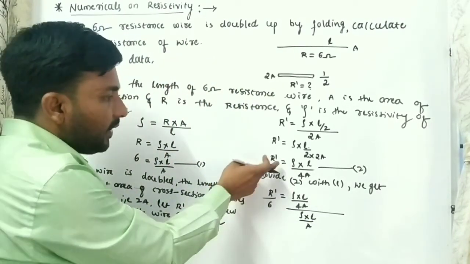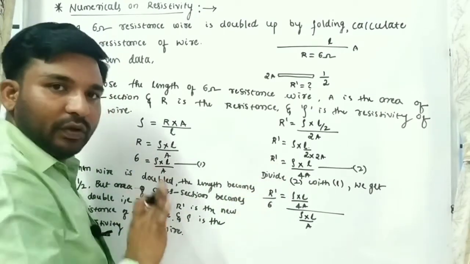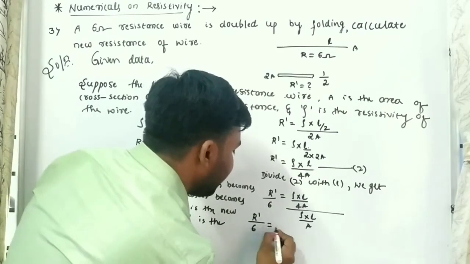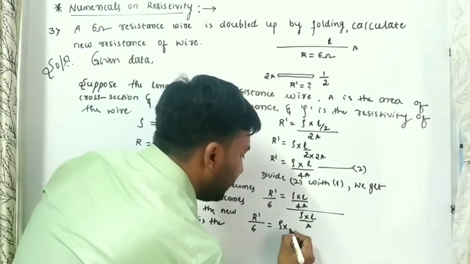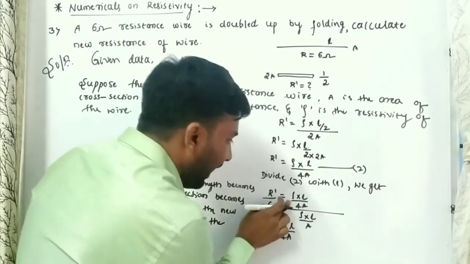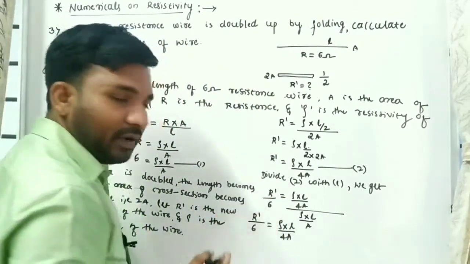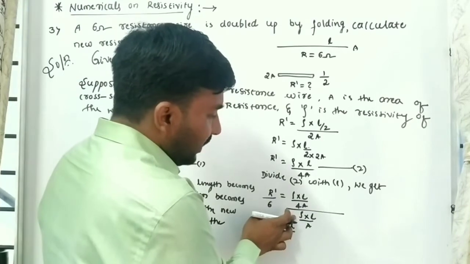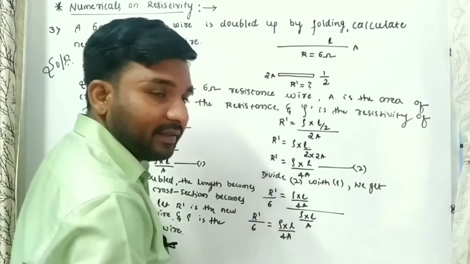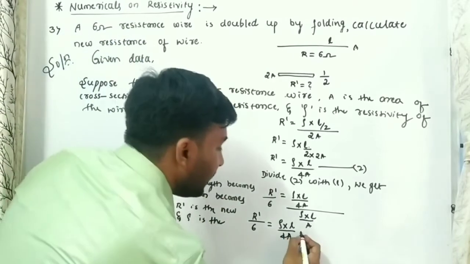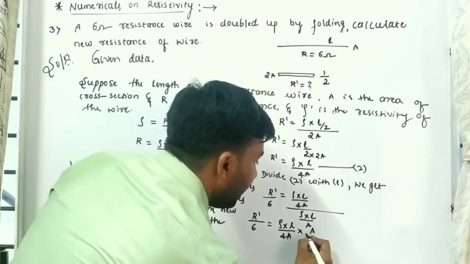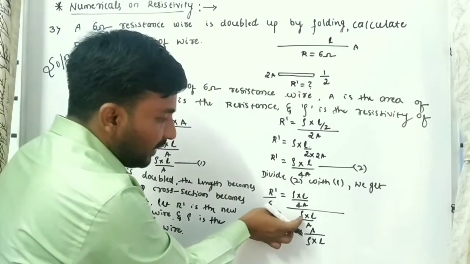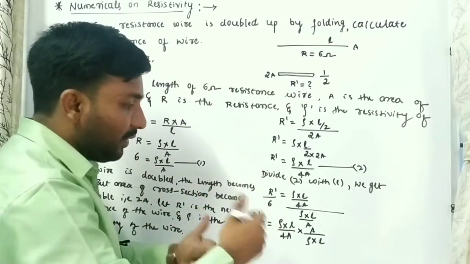Just what I have done, I have divided equation 2 with equation 1. Now R dash divided by 6 as it is, rho into L divided by 4A as it is. This thing I have kept constant. Now you look at here, in the denominator it is rho into L divided by A. Now you take it to the numerator, it will be A divided by rho into L. Got it? When we take these two quantities into the numerator, it will be reversed.